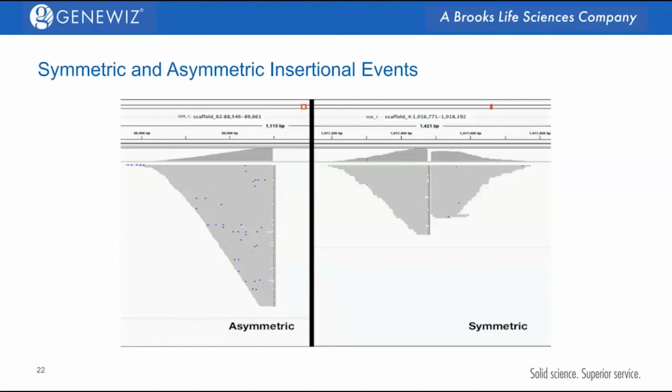On the left, you can see an asymmetric insertional event where I was able to identify only one side of my insertional cassette. Whereas in symmetric insertional events, I was able to map and identify both sides of my mutagenesis cassette. And the symmetric insertional event was able to directly point out, here is the point where the mutagenesis cassette inserted, and the reads that we sequenced would map at that exact point.